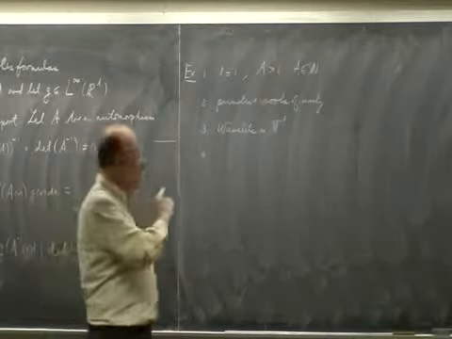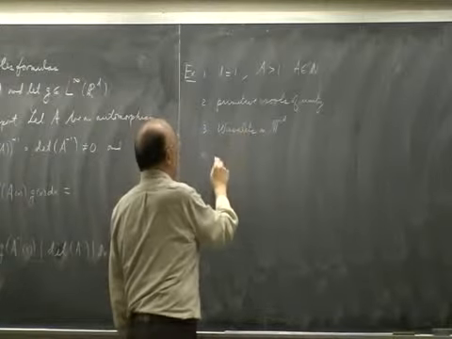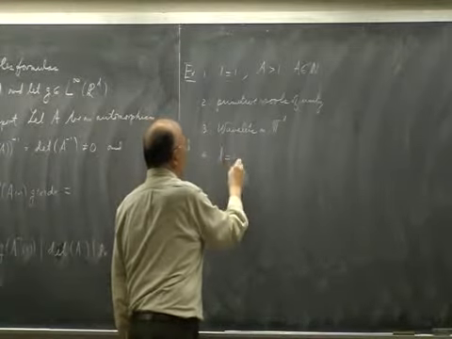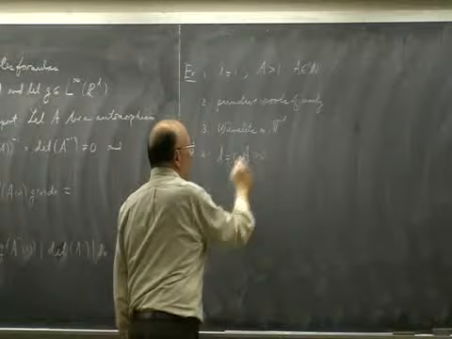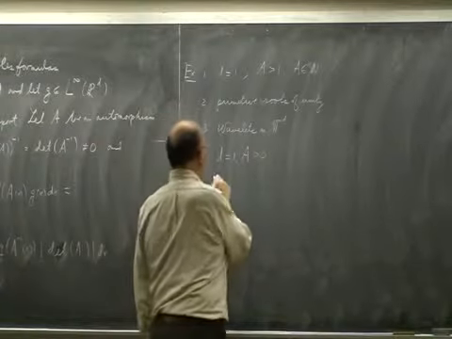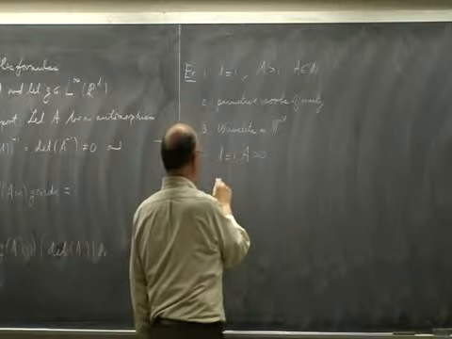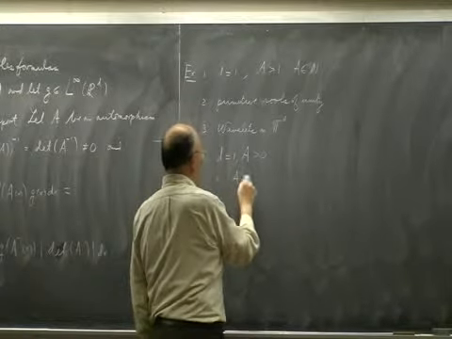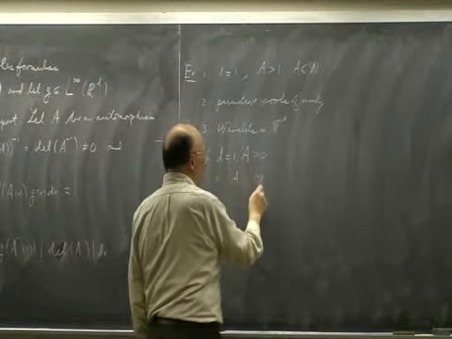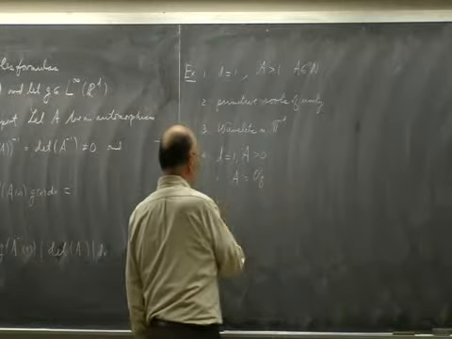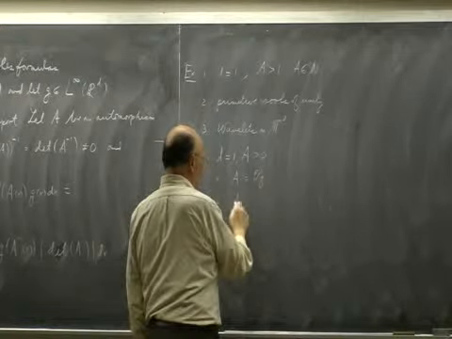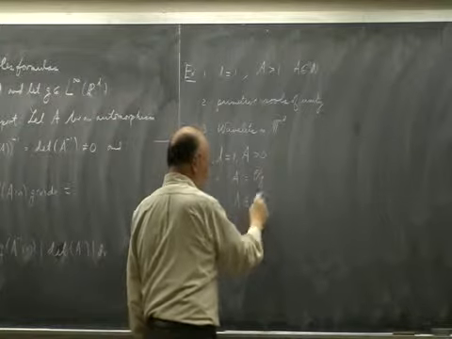But if D is equal to 1 and A is bigger than 0, then there are two cases that arise that are not integers. We have A is P over Q, and we have A is not rational.